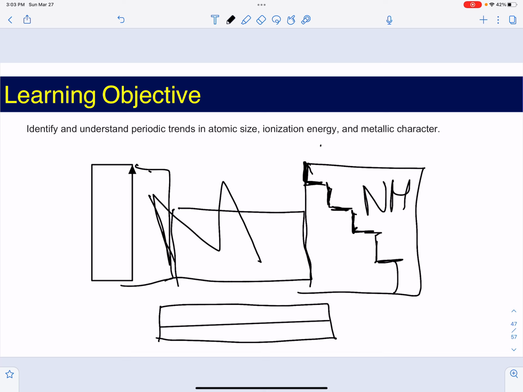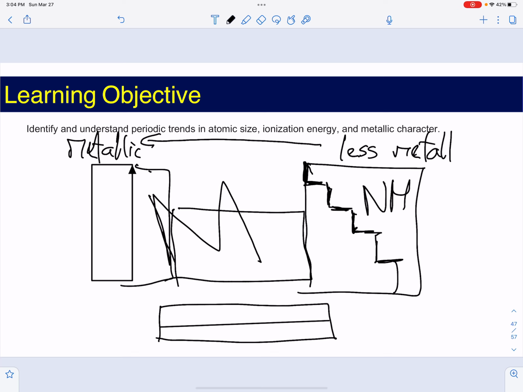So the farther you are to the left, the more metallic your element is going to be. Remember over here, on the last group, those are my noble gases. So those are gases. So that's why those are going to be the less metallic. So as we move to the left, you're going to have the more metallics because that's where the metals are. But what about if you're moving down a group?